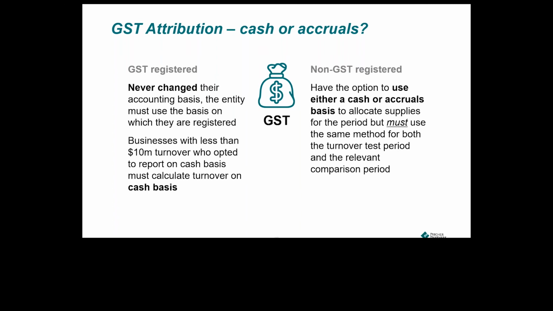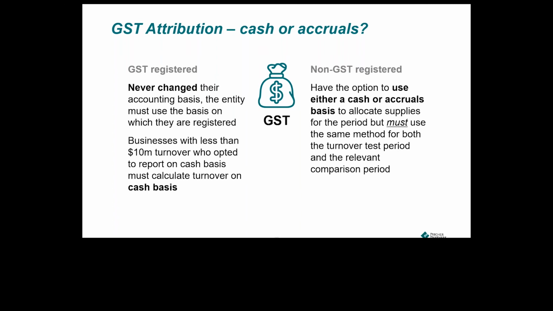So if you are a GST registered taxpayer which has not changed your GST accounting basis between the relevant periods in 2019 and 2020, you must use the GST accounting basis on which you are registered for the purposes of your decline in turnover test.